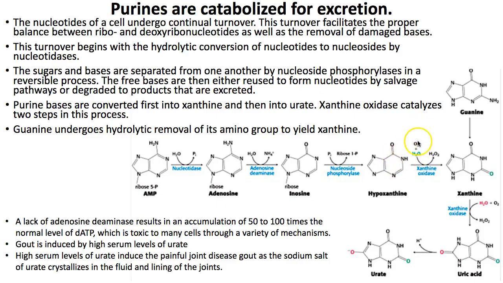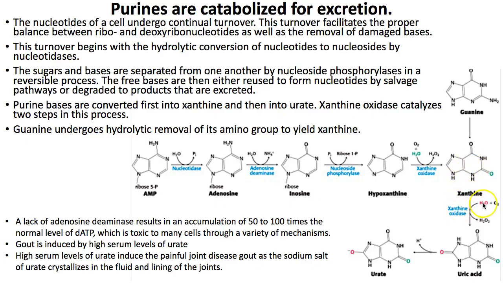So then from here, you have oxidation and some hydrolysis with the enzyme xanthine oxidase, which ends up producing hydrogen peroxide and xanthine. And xanthine can also be produced from guanine, which undergoes a hydrolytic removal of its amino group right here to end up yielding the xanthine.